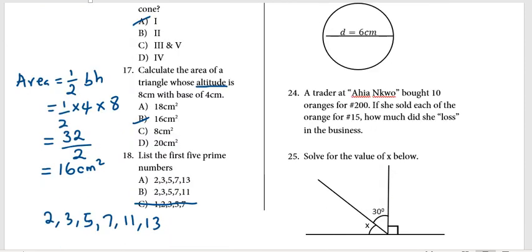Okay, so the first 5 prime numbers, just like we have to solve here. So 2, the first prime numbers, you have 2, 3, that is the first 5, 2, 3, 5, 7, and 11.